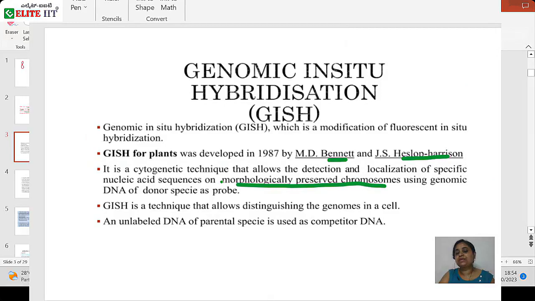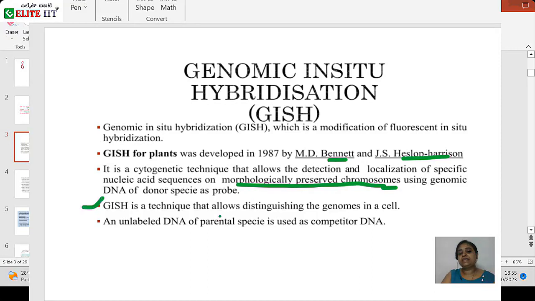Here also we are localizing specific sequences on morphologically preserved chromosomes, using genomic DNA of the donor species as the probe.